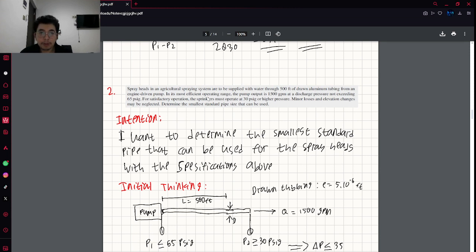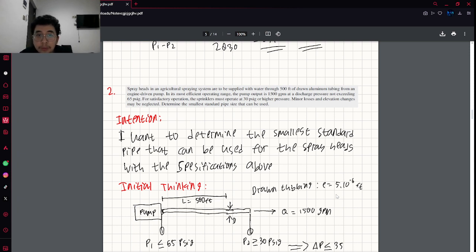In its most efficient operating range, the pump output is 1500 GPM. Basically, the water that comes out of the system is 1500 GPM.